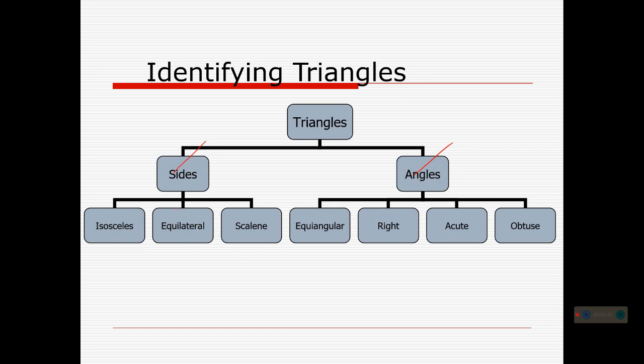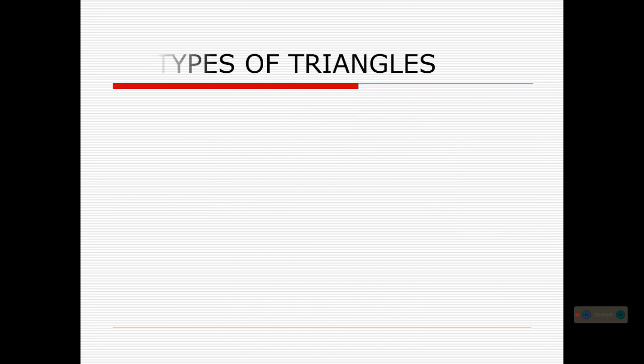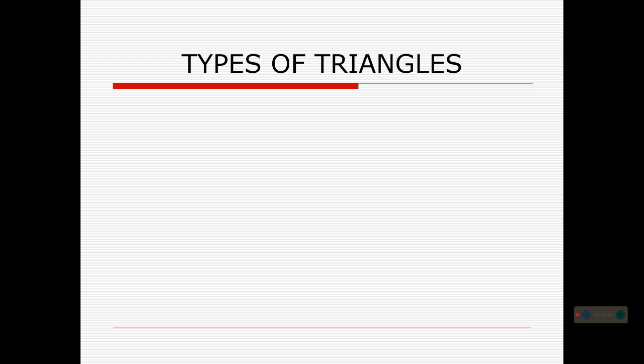If you are going to name the triangles according to size, we have isosceles, equilateral, and scalene. According to angles, we have equiangular, right, acute, and obtuse. Okay? So how are we going to differentiate, how are we going to define these types of triangles? Let's proceed, but of course, let us take them one by one.